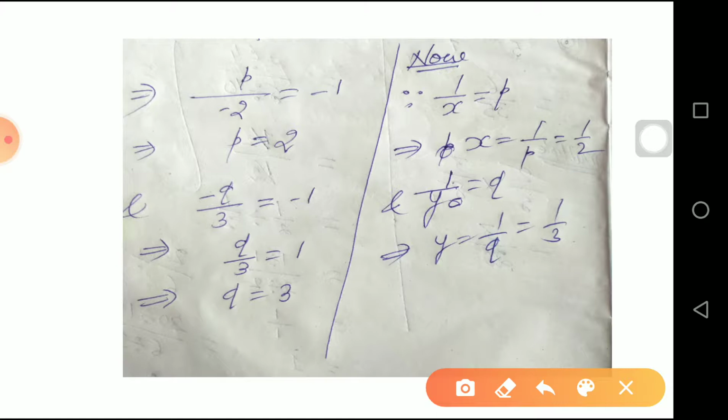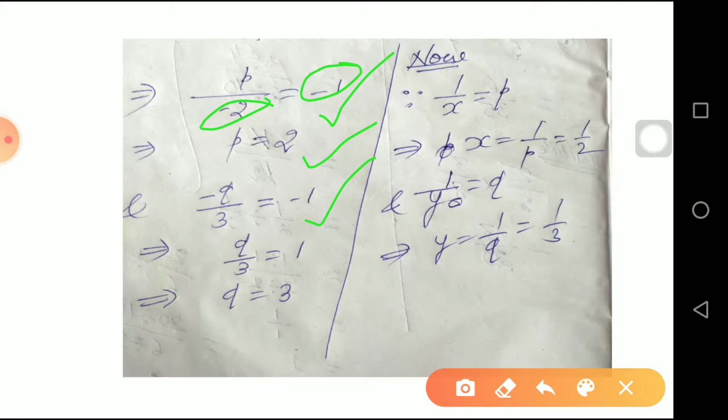Now, p by minus 2 is equal to minus 1. This implies p equal to minus 2 into minus 1, that is p equal to 2. And minus q by 3 is also equal to minus 1.